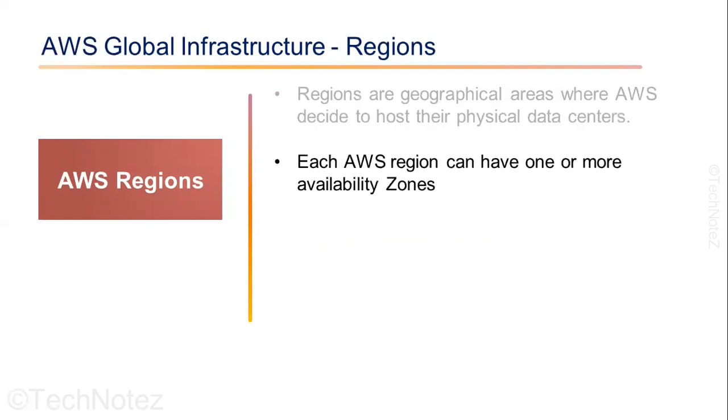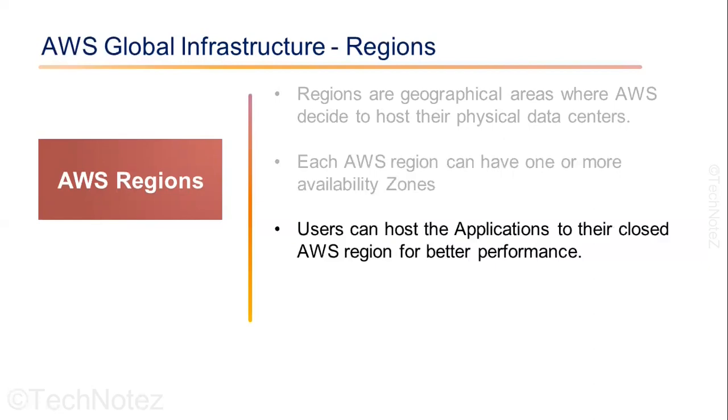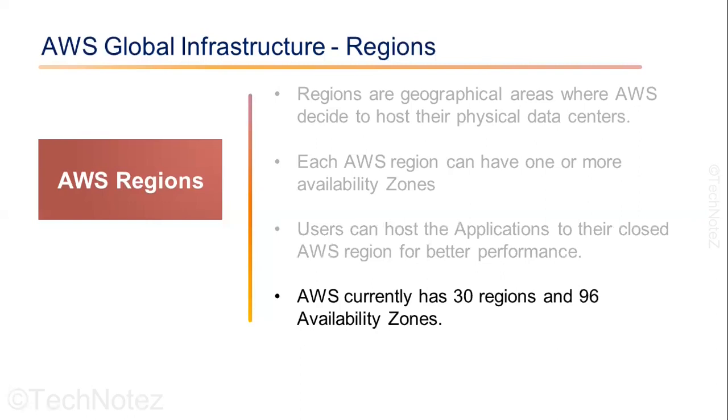You can host your application in the closest AWS region for better performance. The closer the region, the better the performance for the users. At the time of this recording, AWS has 30 regions globally. AWS keeps adding new regions from time to time. You can always get the updated list of AWS regions and availability zones from the Amazon official website.